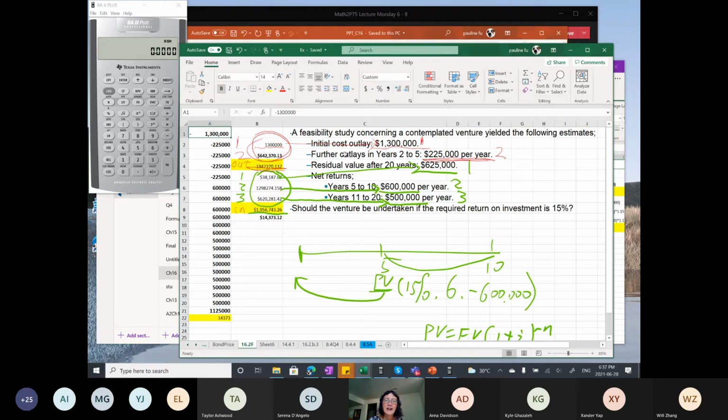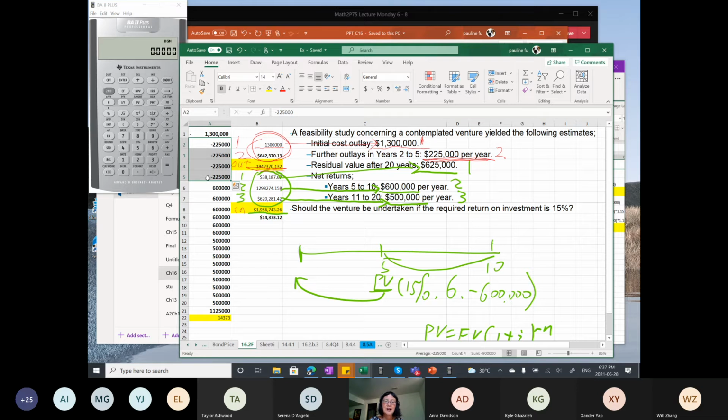And then 225 per year for 4 years. So this number happened 4 times. 225, this is the cost. If it is the cost, you use a negative number.